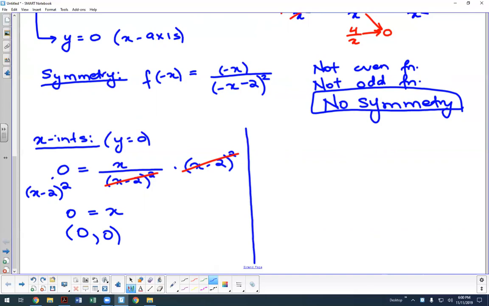If we're checking to see for a y-intercept, we make our x value 0. So that would be y equals 0 divided by parentheses 0 minus 2 quantity squared. So what will that give us?